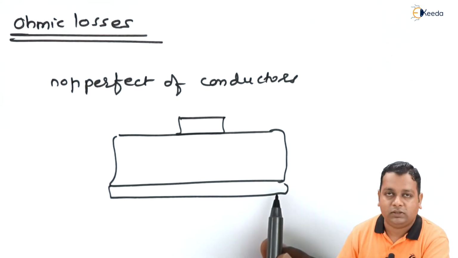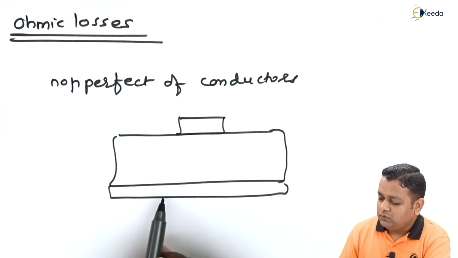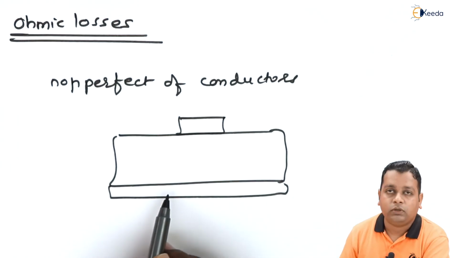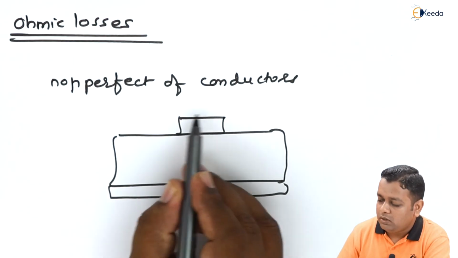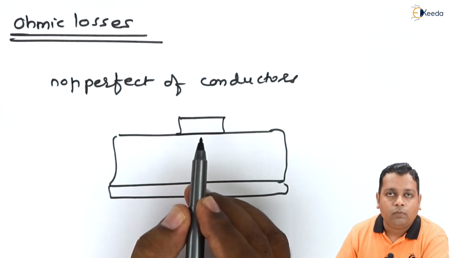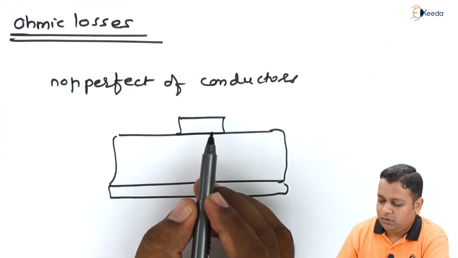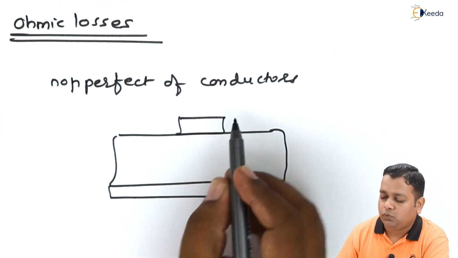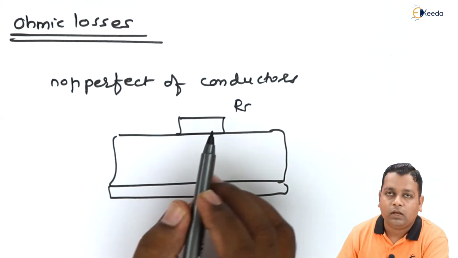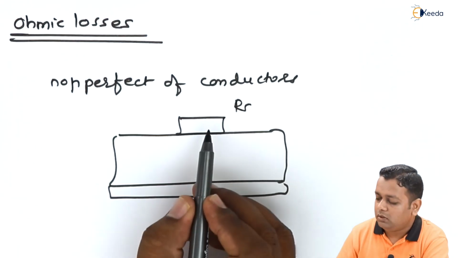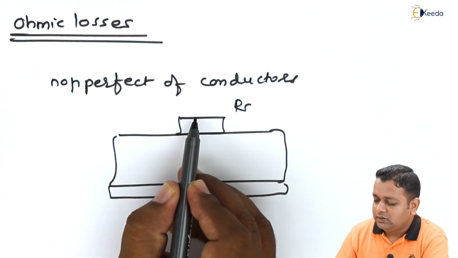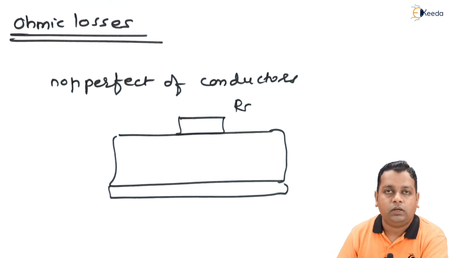Here it is the ground plate, let's say. The conductivity of the ground plane is most possibly found to be uniform, whereas the conductivity in the top strip conductor is somewhat different. At the open surface we find some surface resistance Rs. Therefore the conductivity increases as we go from top to bottom.